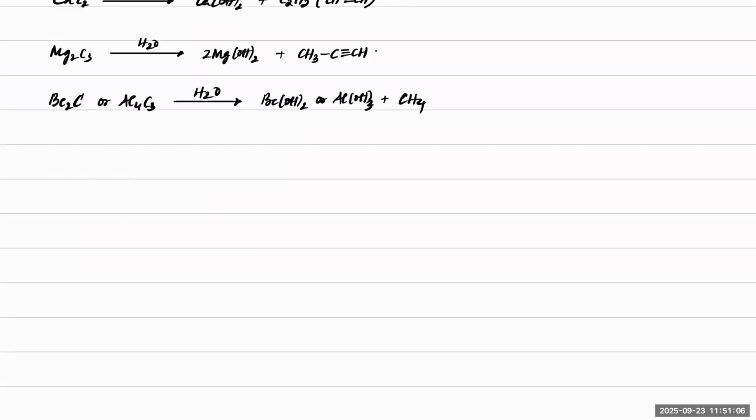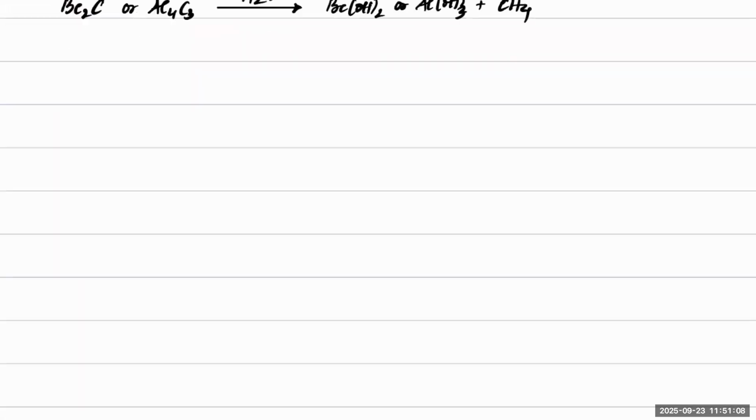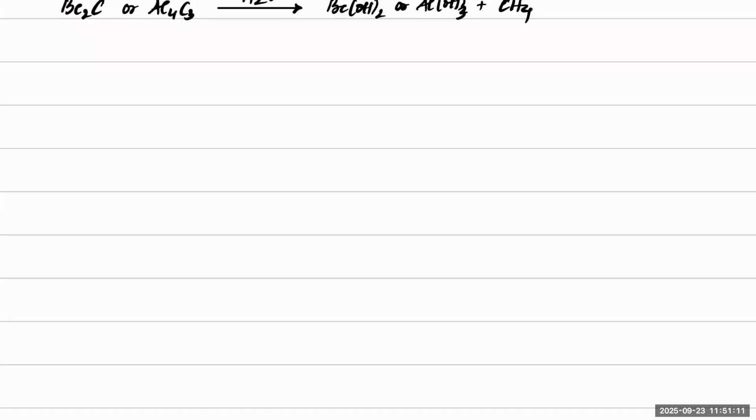Next reaction is about heating with red hot iron or copper tube. What are the respective reactions in this case? See, if I take 3 moles of acetylene here and you take red hot iron tube, so that will convert into benzene. Got it?